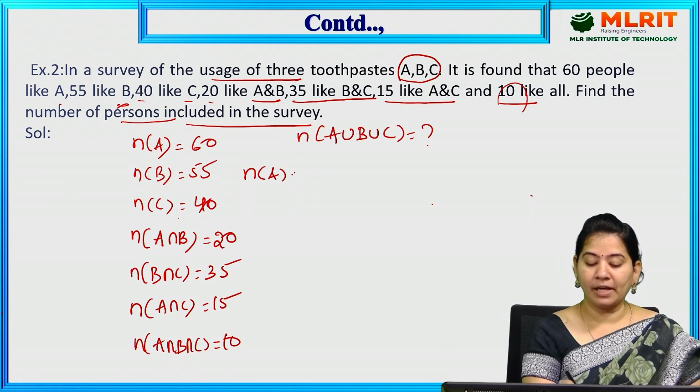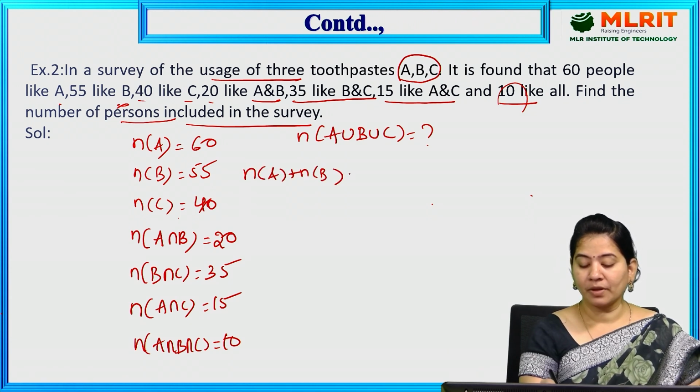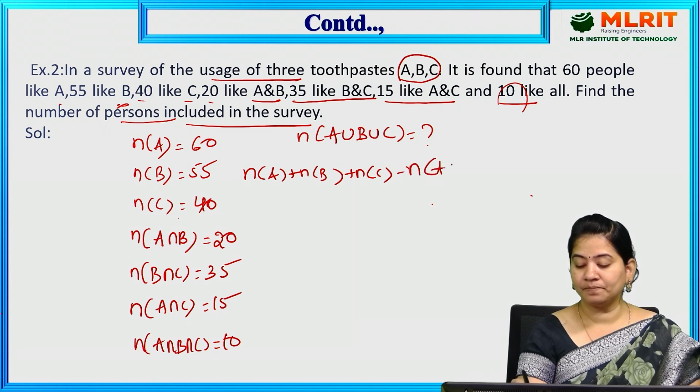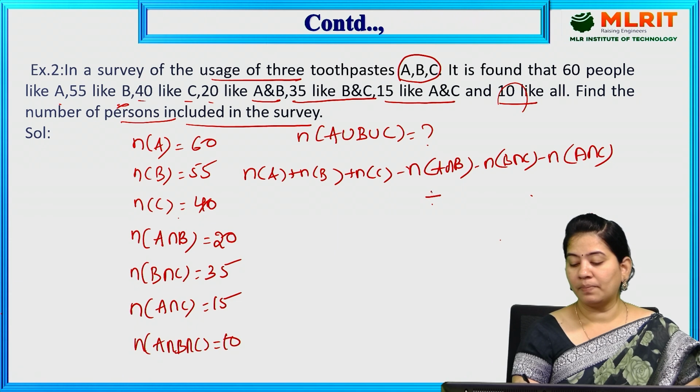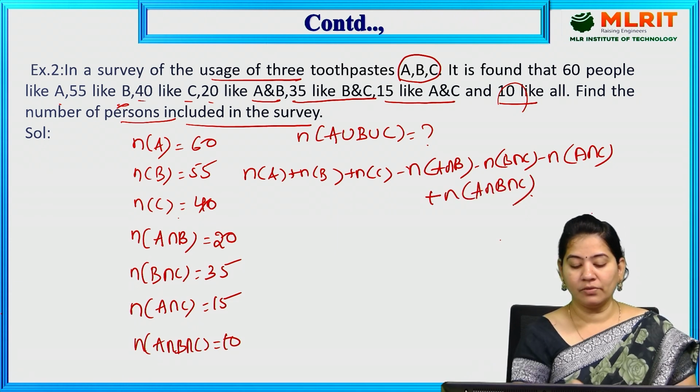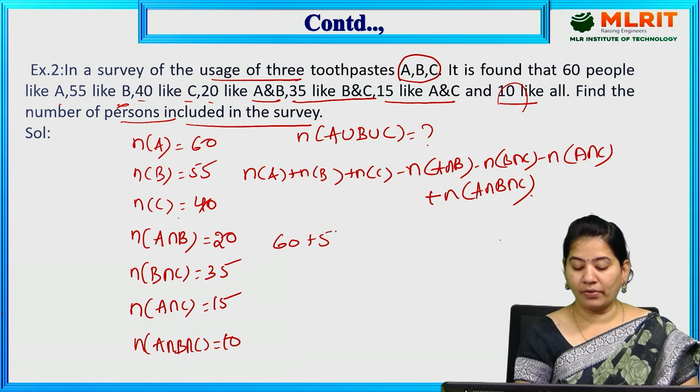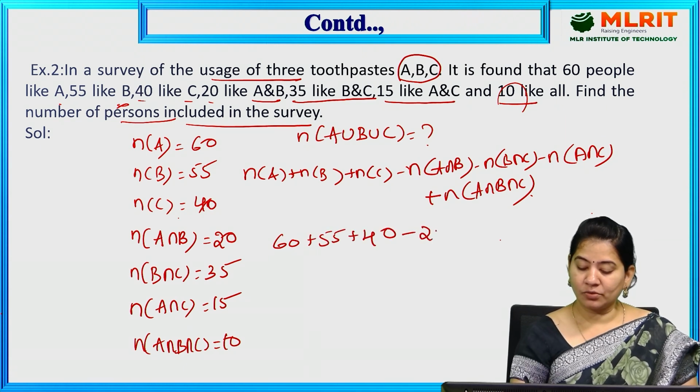So N of A plus N of B plus N of C minus N of A intersection B, minus N of B intersection C, minus N of A intersection C, plus N of A intersection B intersection C. So now here 60 plus 55 plus 40, next minus 20, minus 35, minus 15 and plus 10.